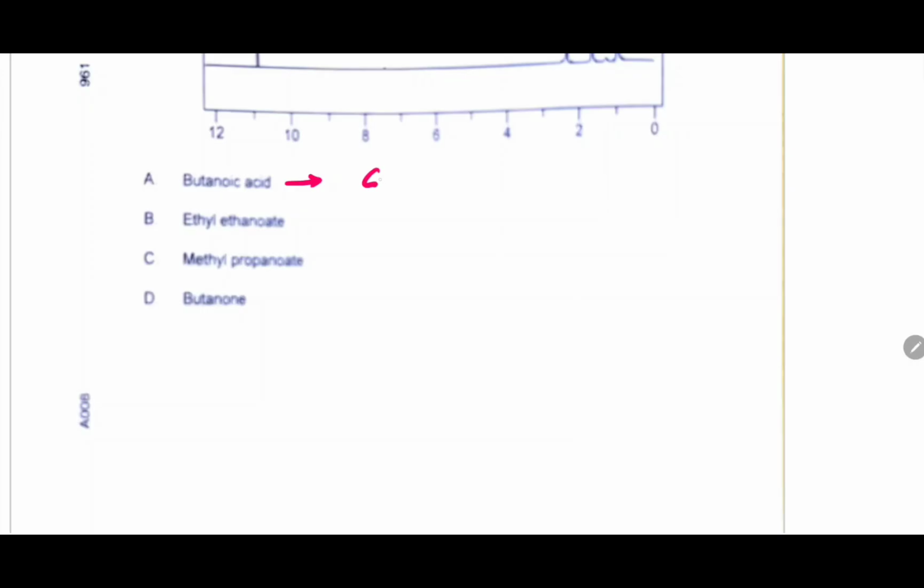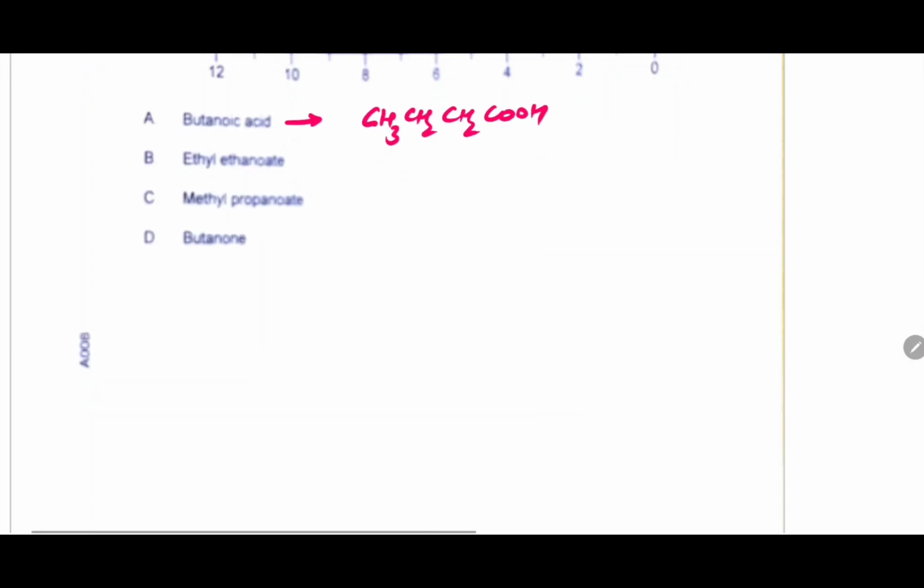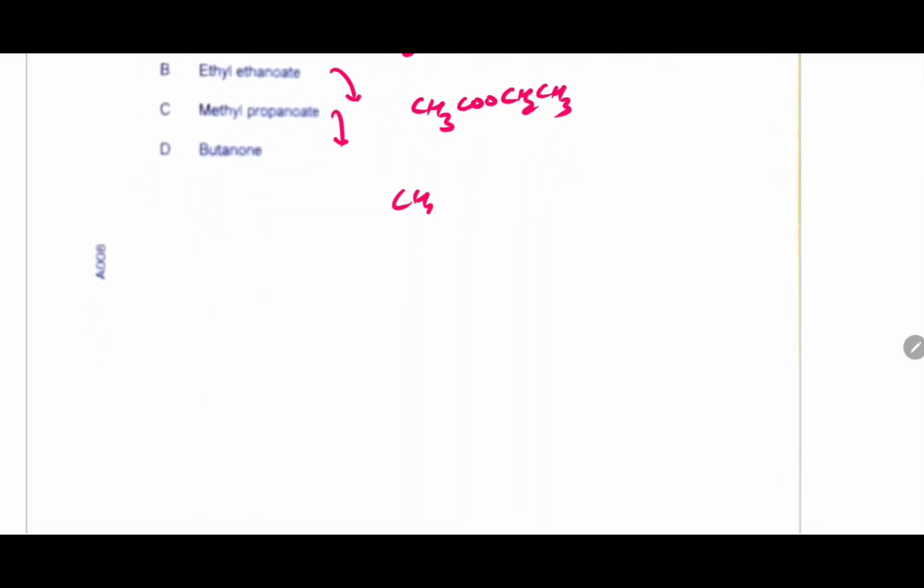First is butanoic acid, which is CH3CH2CH2COOH. Second is ethyl ethanoate, which is CH3CO OC2H5, I can write it in this way. Next is methyl propanoate, CH3CH2COOCH3, and butanone, CH3COCH2CH3.